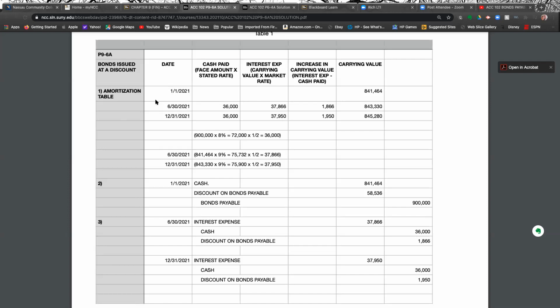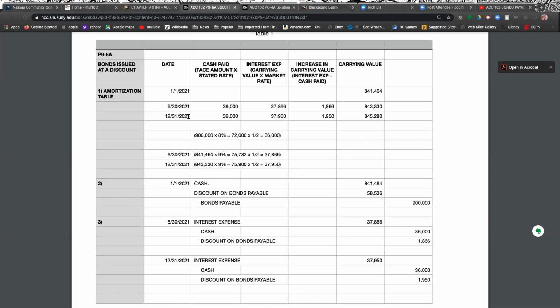So look how the table is constructed. You have a column for date, and the first date is the date that the bonds are sold, January 1st, 2021. Then you list all the interest payment dates. June 30th, 2021 is the first interest payment, and December 31st, 2021 is the second, and that's all they asked you to do.